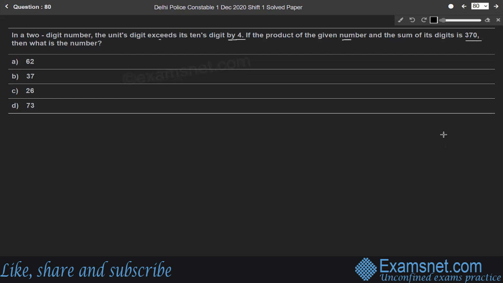Let the units digit be y. Then the tens digit, let it be x.